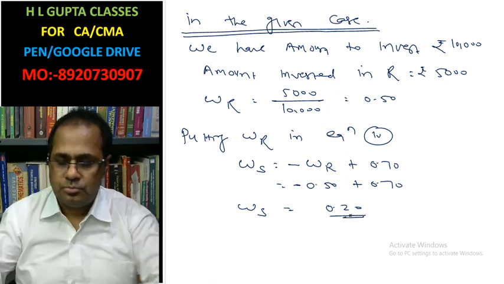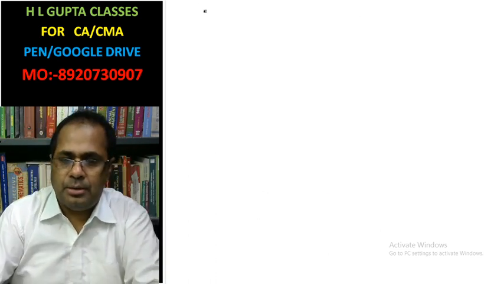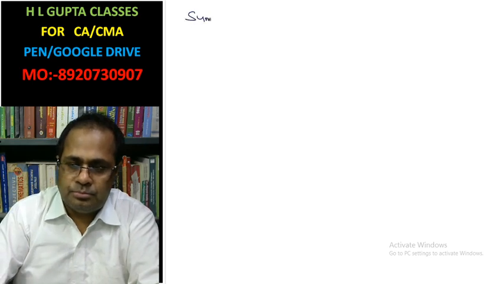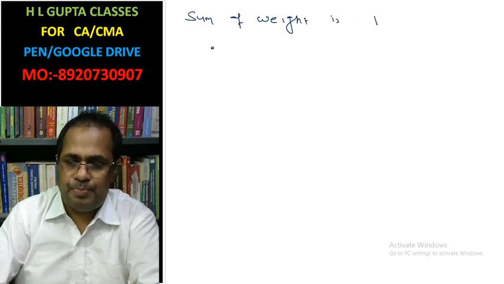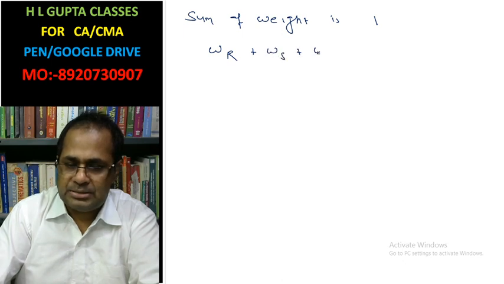Now, sum of weights is 1. So weight R plus weight S plus weight T equal to 1.